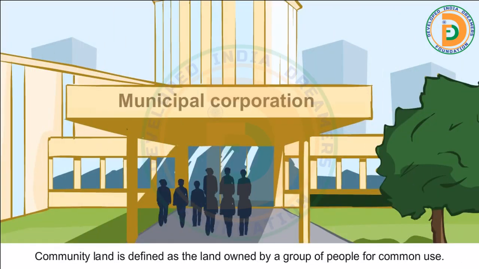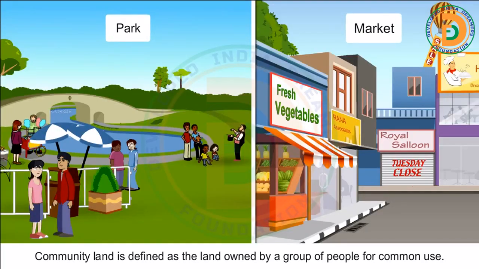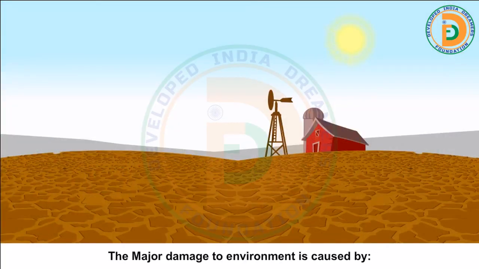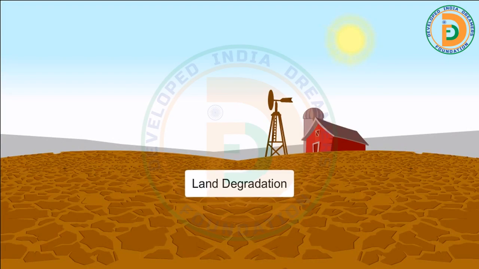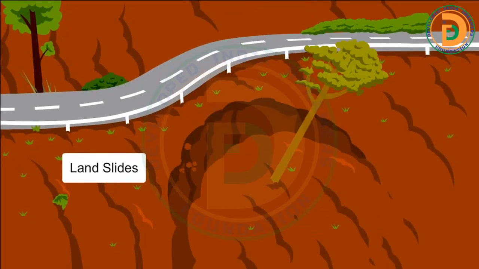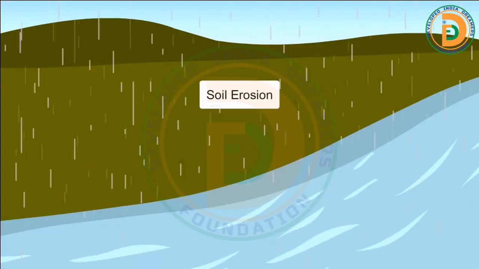Community land is defined as the land owned by a group of people for common use, for example, parks, markets.